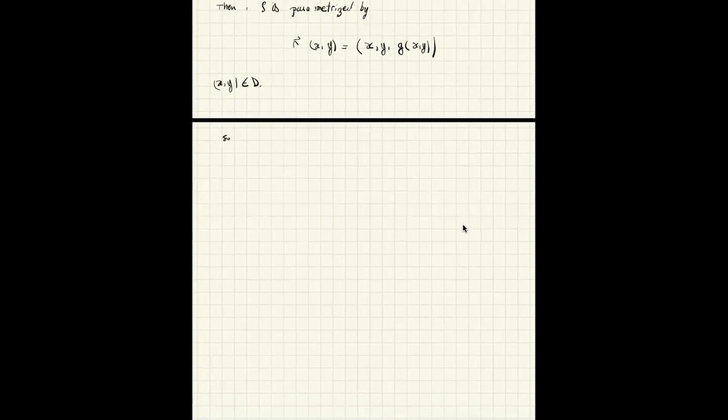So r_u, r_v, this is the same calculation I did the last time. It's r_x, r_y. Oh, now I'm not sure which one I said.